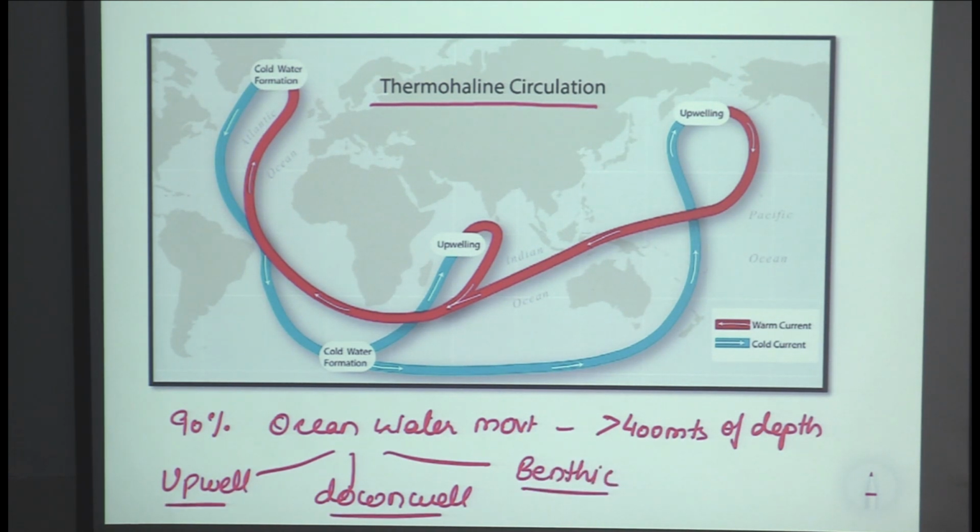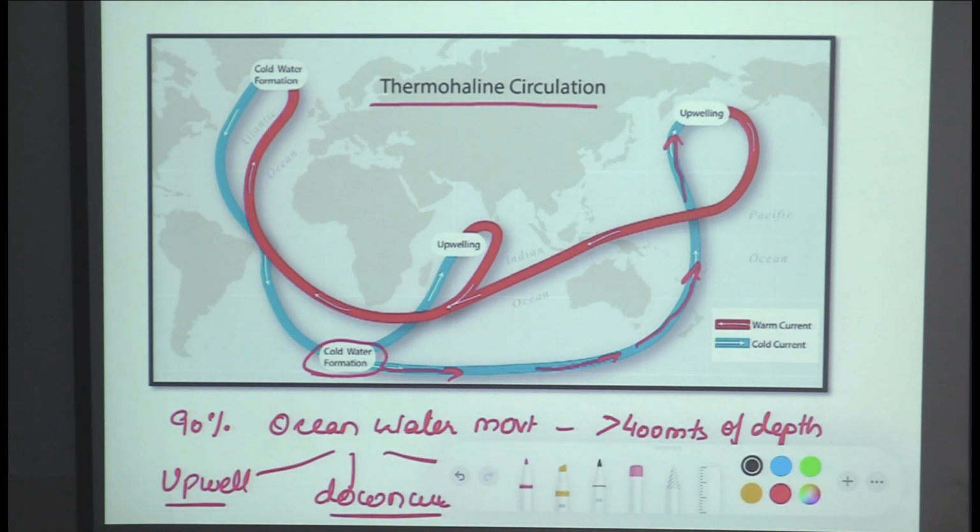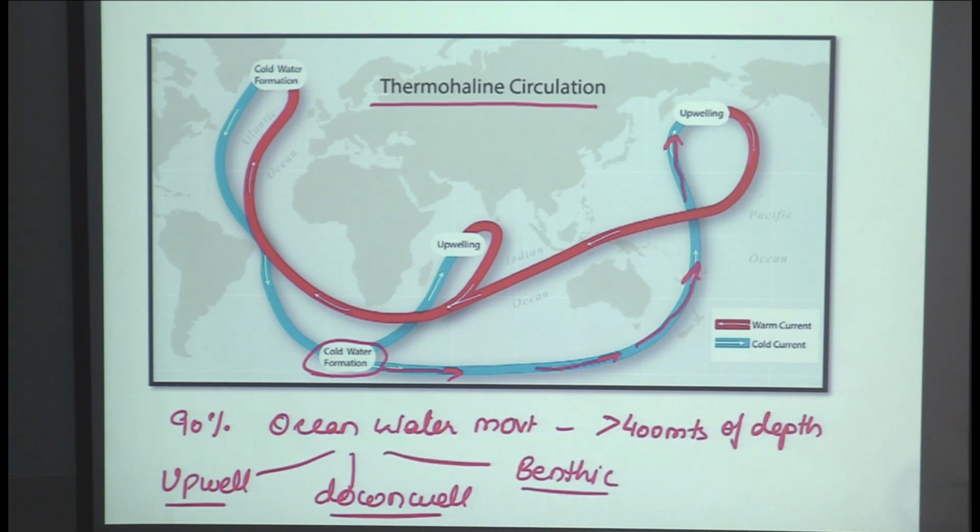So can you notice that the blue arrows are being shown as cold water formations. Cold water is the benthic current which tends to upwell right here and moves as the surface warm water current.